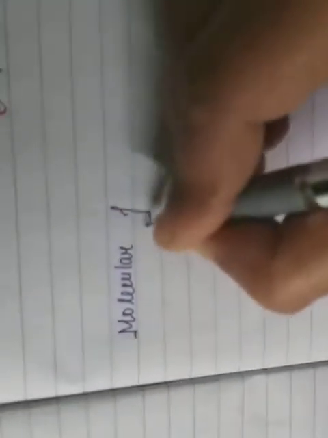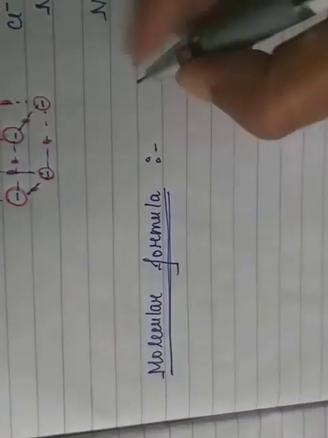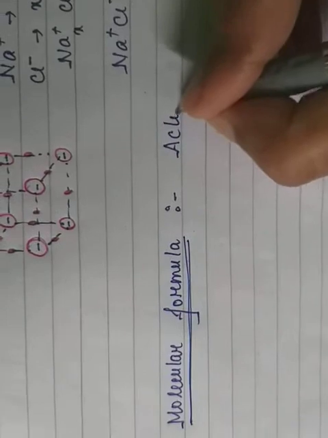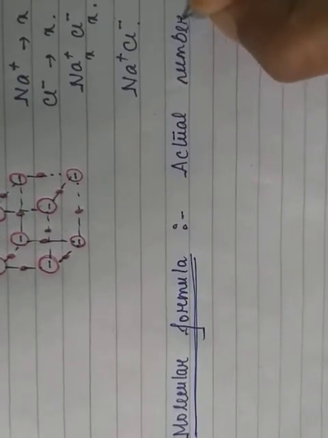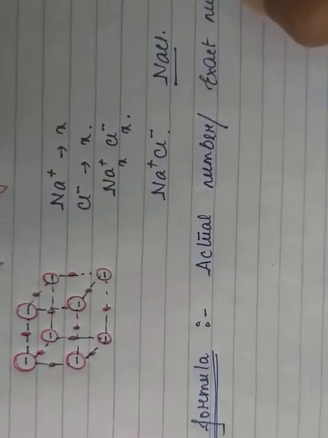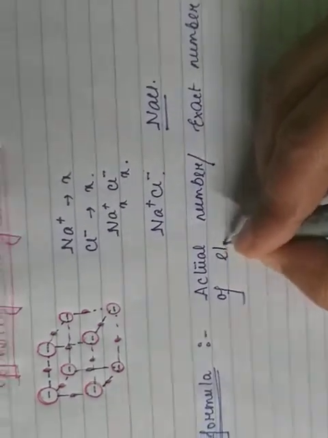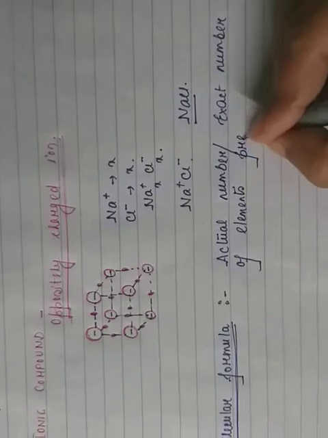Let's start with molecular formula. The molecular formula gives the actual or exact number of elements present in a compound.